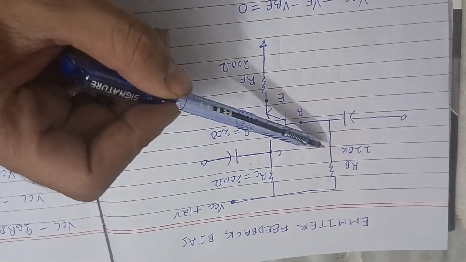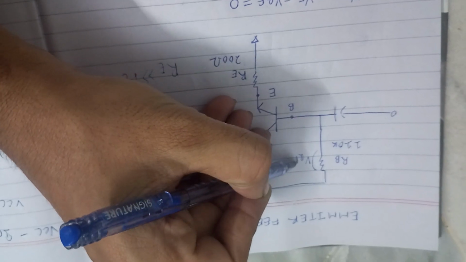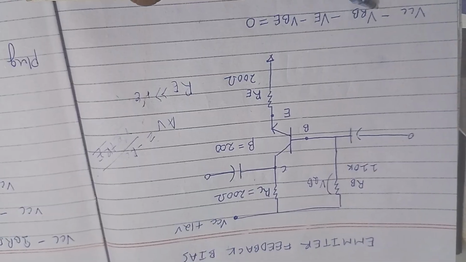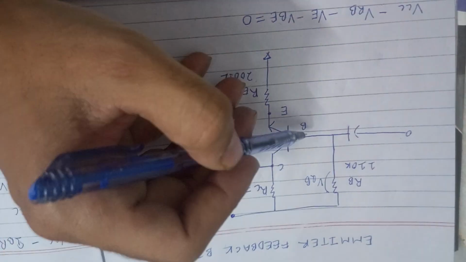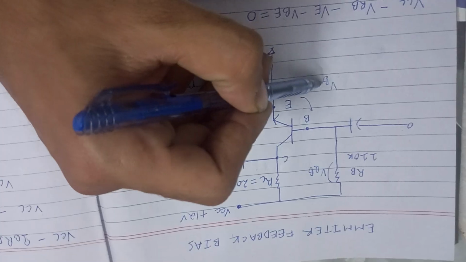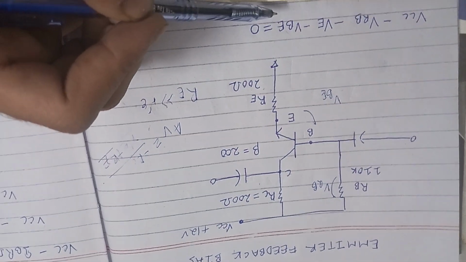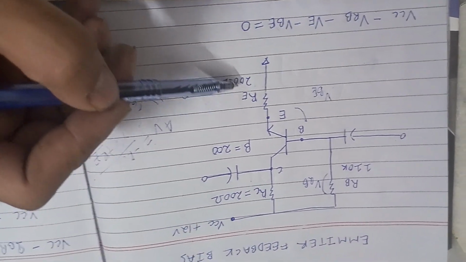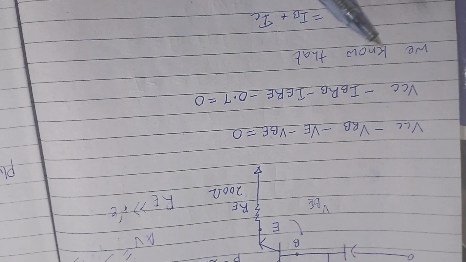Here's VCC, and let's call this drop VRB. So we have VCC minus the drop across RB. Then we have a drop here of around 0.7, which we will call VBE, and there is also a drop across the emitter resistor, which we will call VE. So our expressions now look like this.